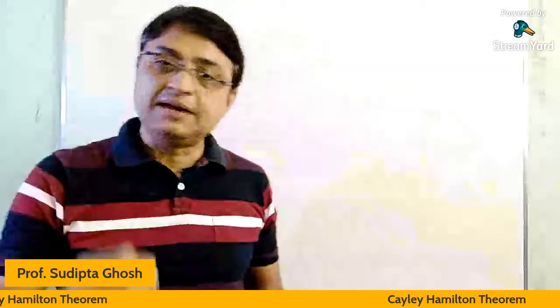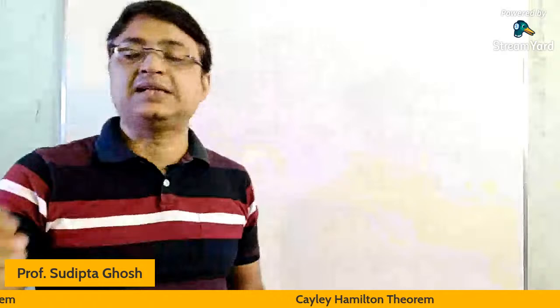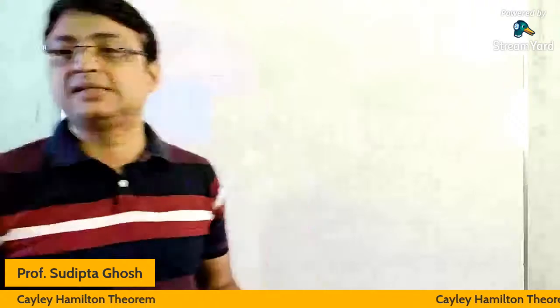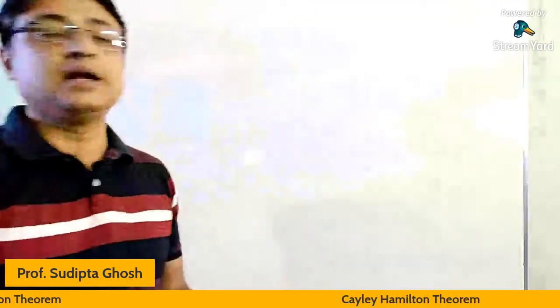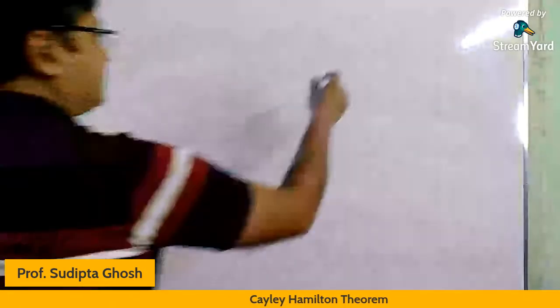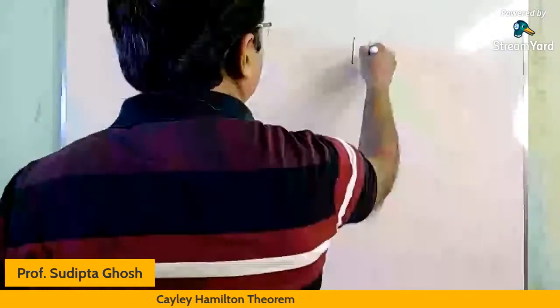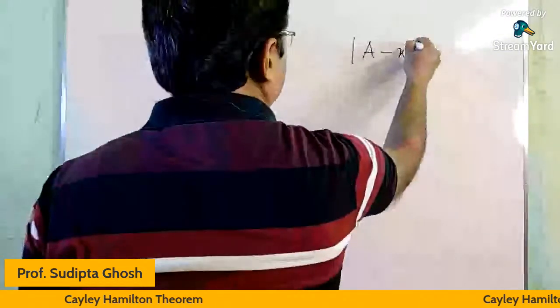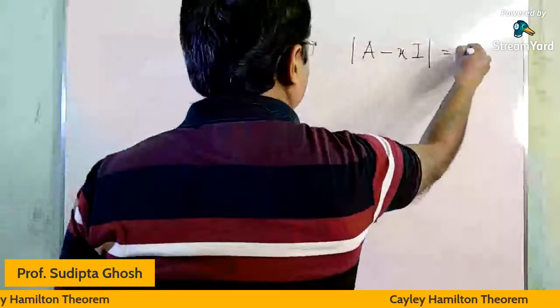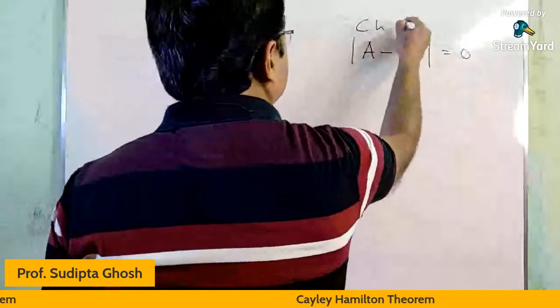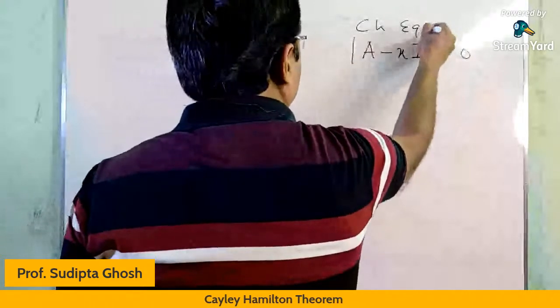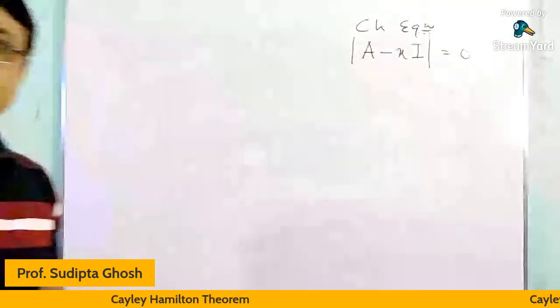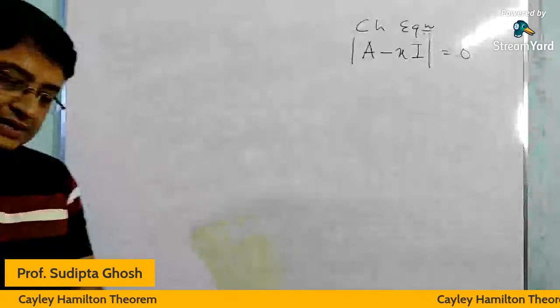The determinant of A minus xI equals 0 is known as the characteristic equation of a matrix.